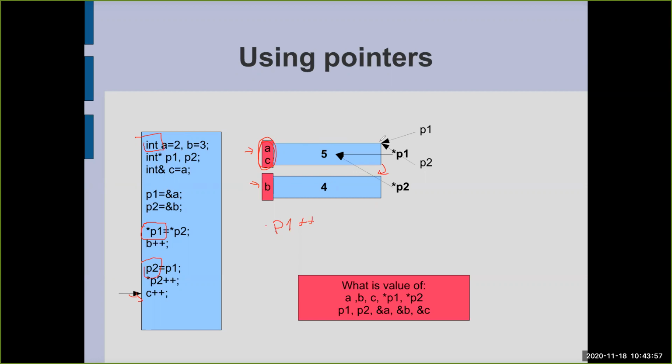You can visualize it using boxes, and then analyzing code line by line, you should update the values which are stored. So it's easier to understand how pointers work, what the relationships between them are and some dependencies, especially when you do something like this. So you write that the value of P2 is equal to P1. So the P2 and P1 point to the same area of memory. Okay.